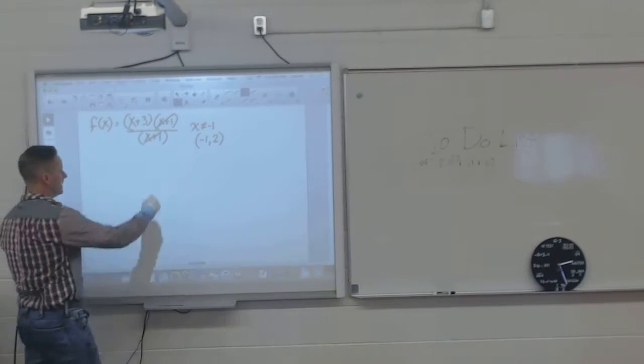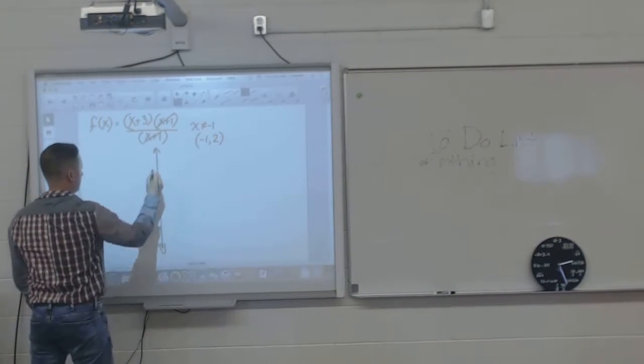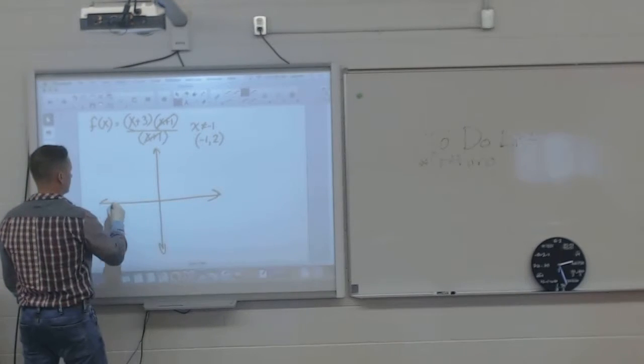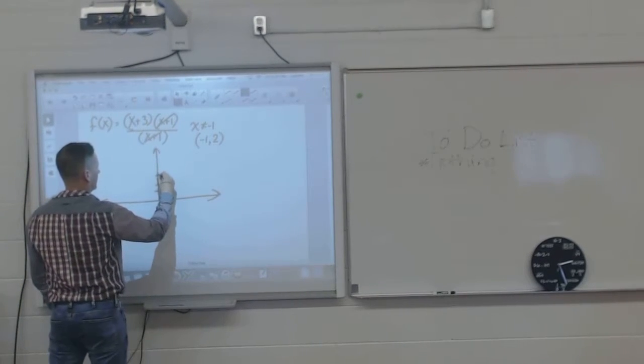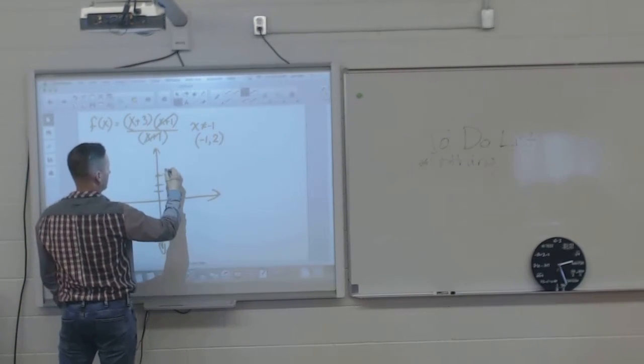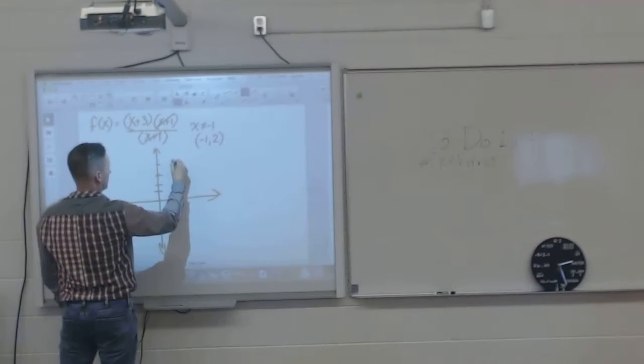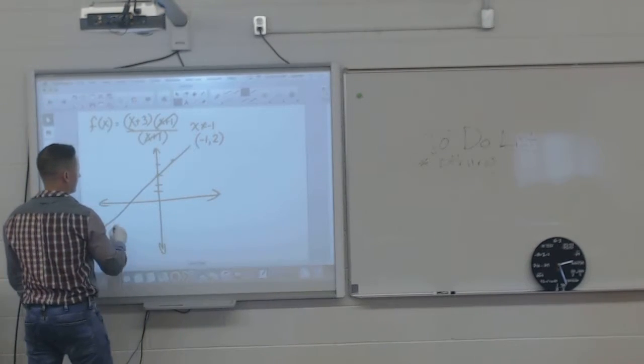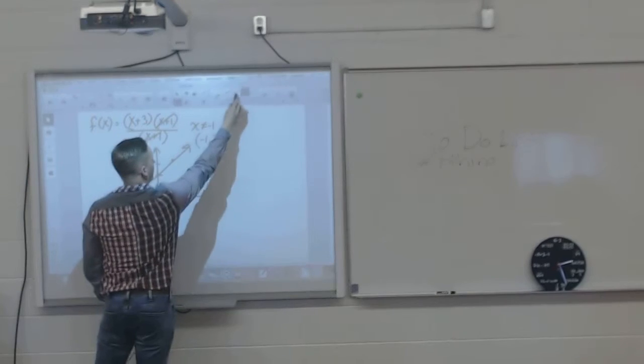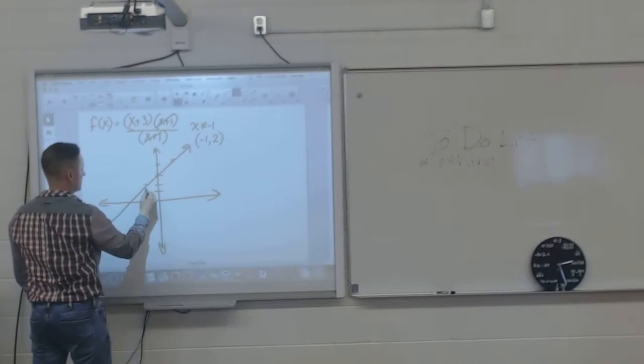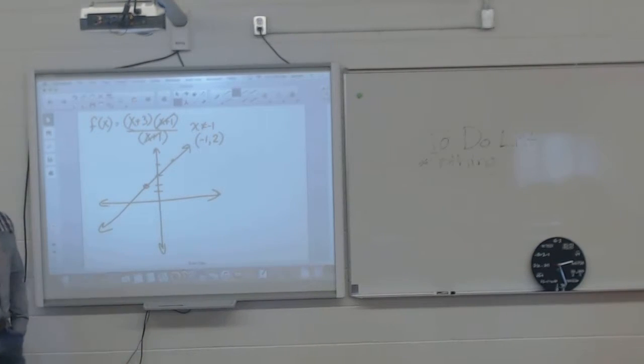So I graph this guy. Same thing: 1, 2, 3 up to here, and then I go up 1, right 1. And then my point of discontinuity is right there, so put an open dot. So far so good, right?